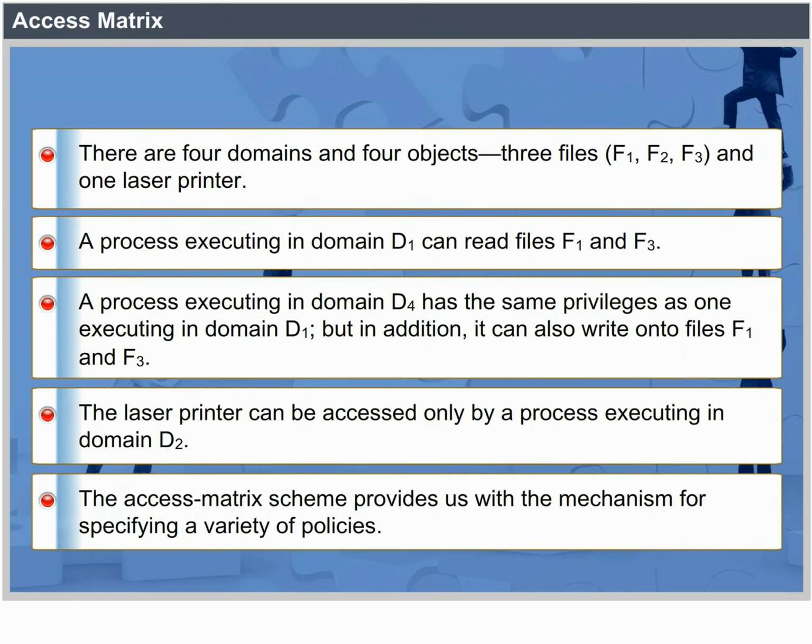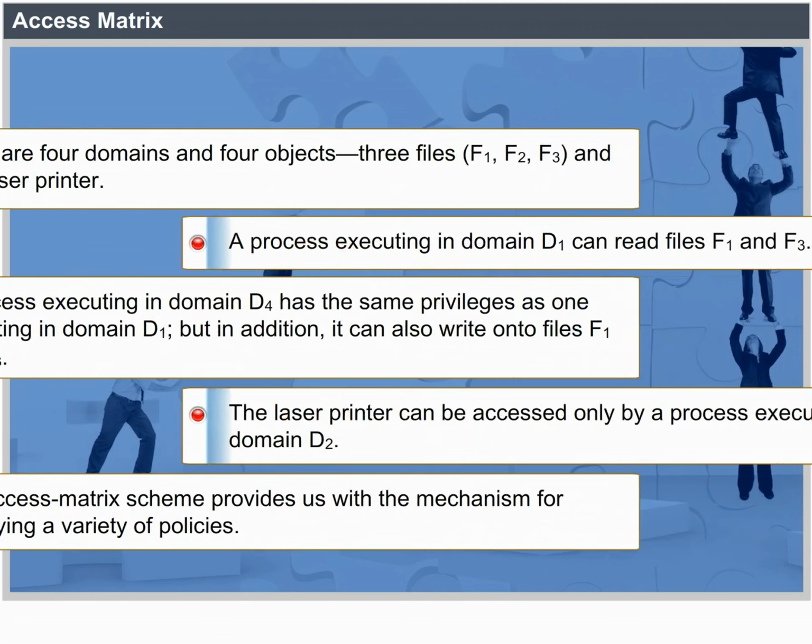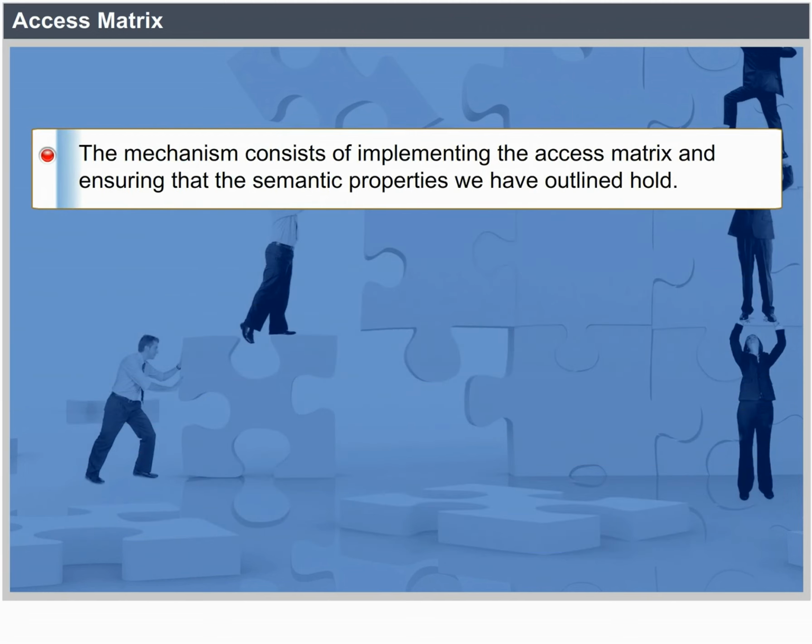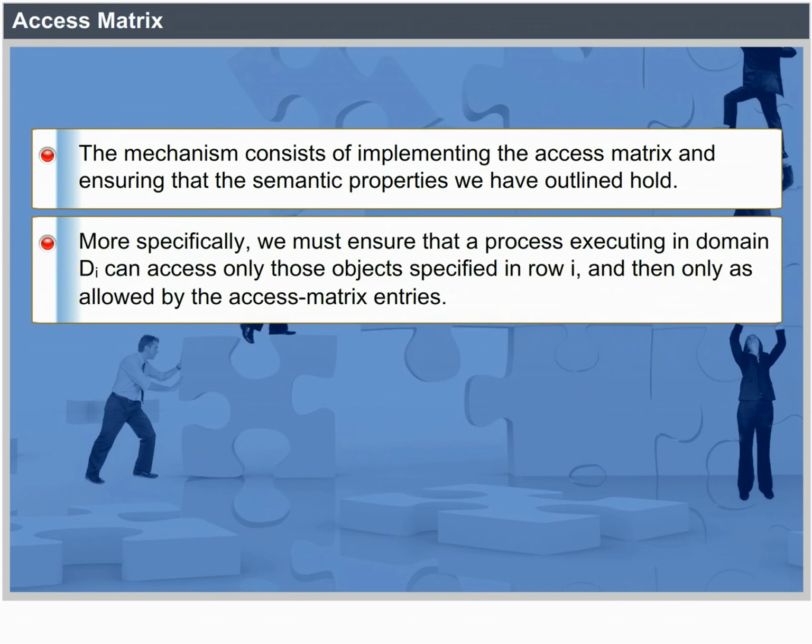The access matrix scheme provides us with the mechanism for specifying a variety of policies. The mechanism consists of implementing the access matrix and ensuring that the semantic properties we have outlined hold. More specifically, we must ensure that a process executing in domain Di can access only those objects specified in row i, and then only as allowed by the access matrix entries.